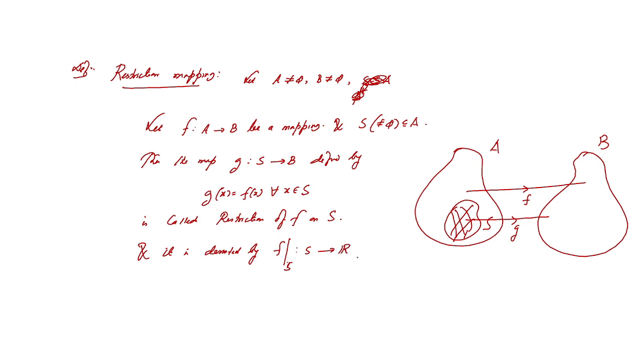Okay, so this is basically called the restriction map.